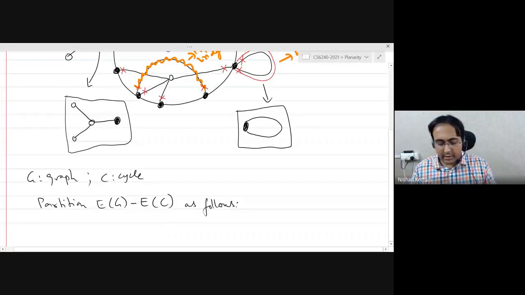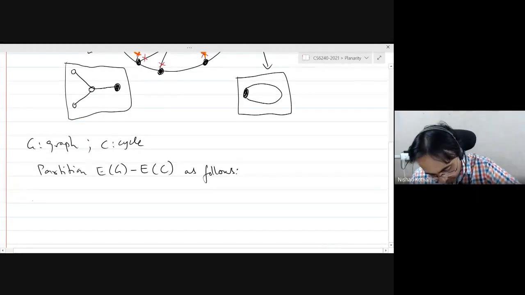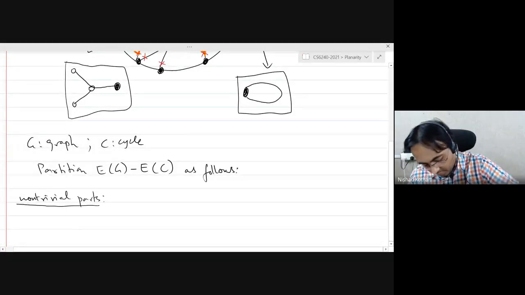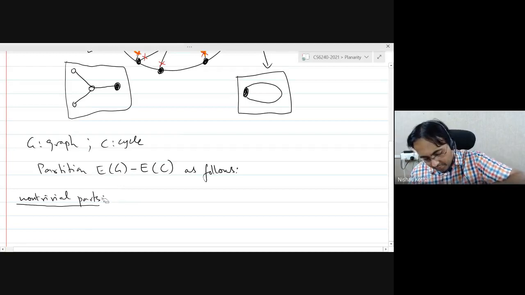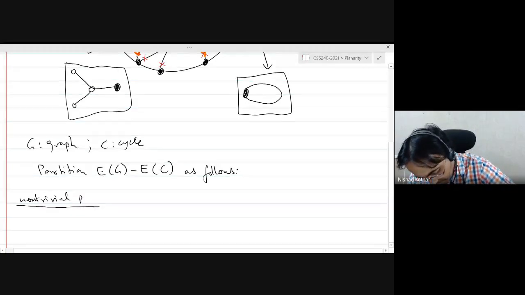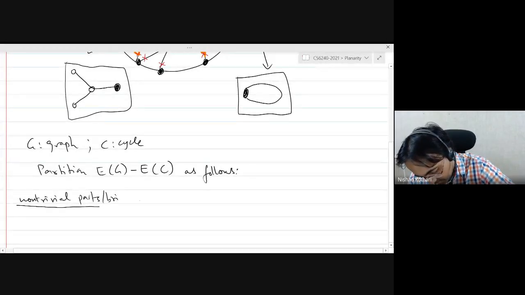Right, so these partitions are basically the colors I was using. So there are non-trivial parts, or we will call them non-trivial bridges.